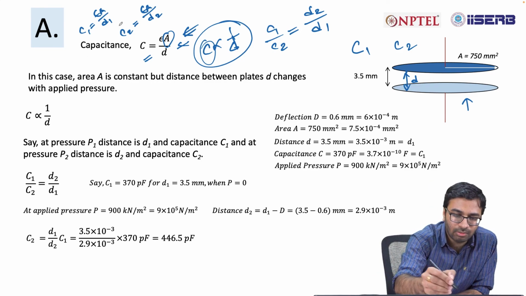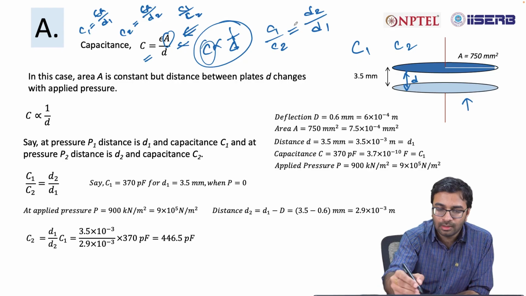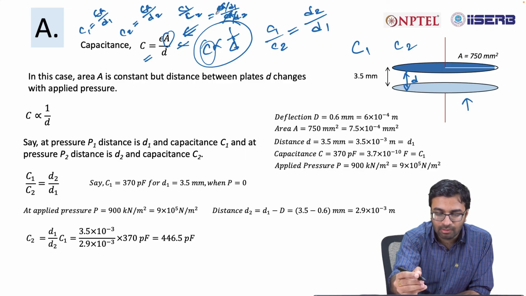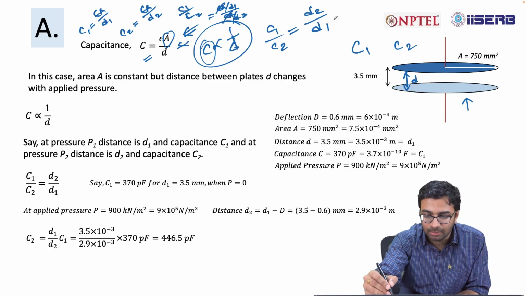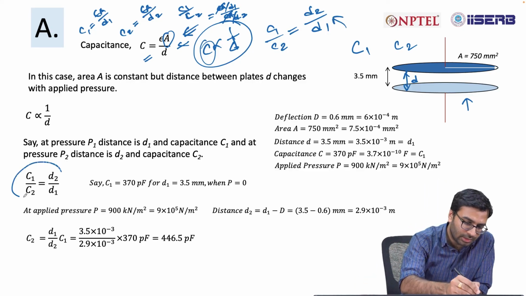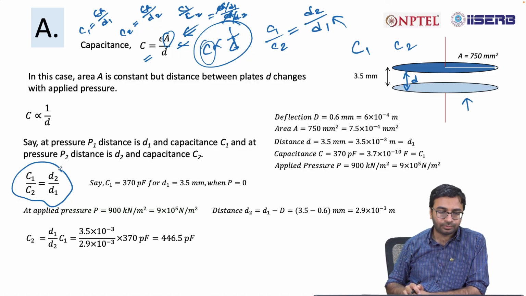Now, if you do C1 by C2, then it will be equal to epsilon A by D1 divided by epsilon A by D2, epsilon and A will get cancelled. So, it will ultimately be D2 divided by D1. So, your C1 by C2 is equal to D2 by D1, right.